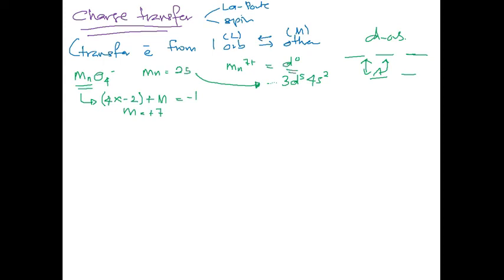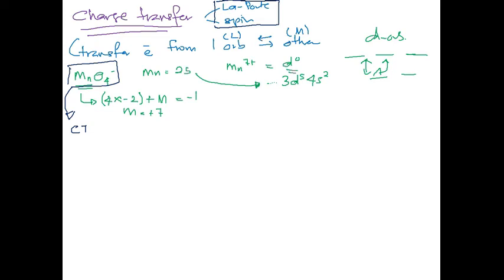So how is the color observed, even though you don't have D to D transitions? The color actually comes from the charge transfer, not the D to D transition. This means the color of this manganese complex comes from charge transfer, not D to D. So again, back to our question: whether this charge transfer is Laporte allowed or forbidden, and spin allowed or forbidden.